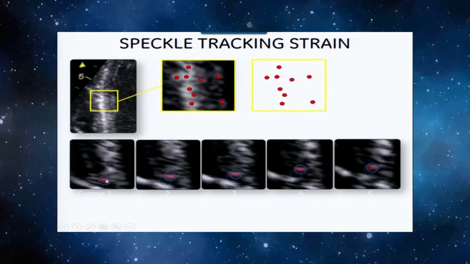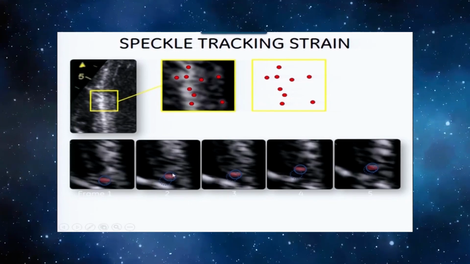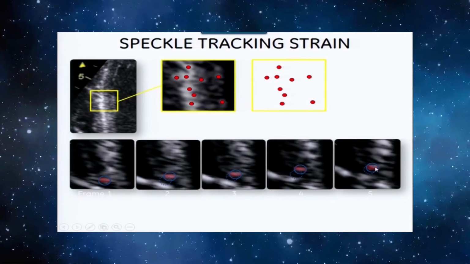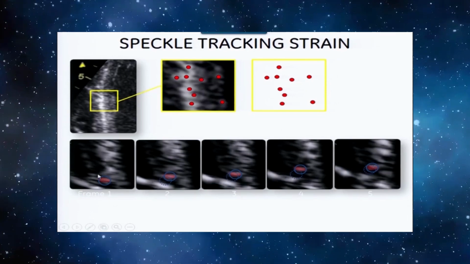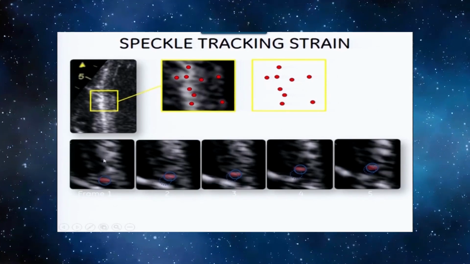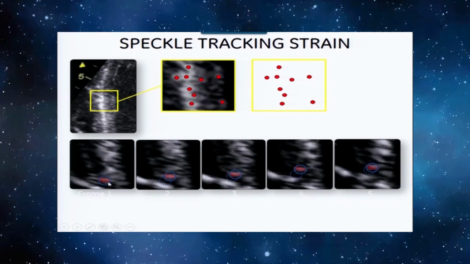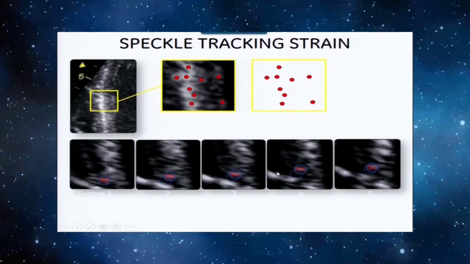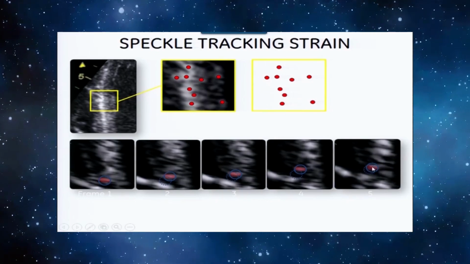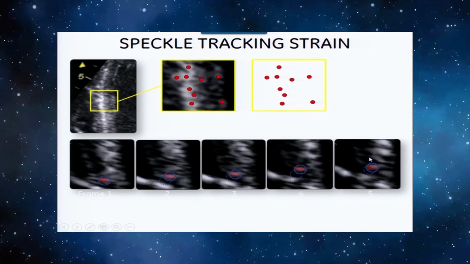The system can actually trace that packet as it moves through systole. So if we have the ability to do that, it's not hard to imagine that we could introduce a second point, measure the distance between those 2 points in diastole, and then again measure the difference between those 2 points in systole, and calculate the strain directly.